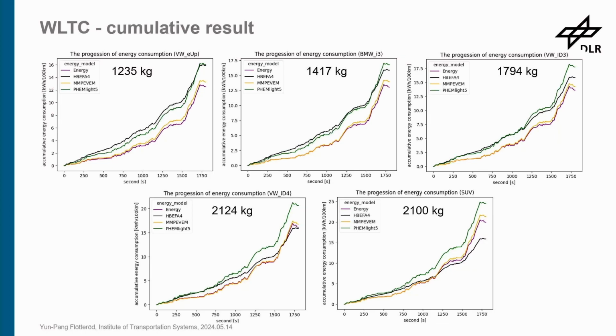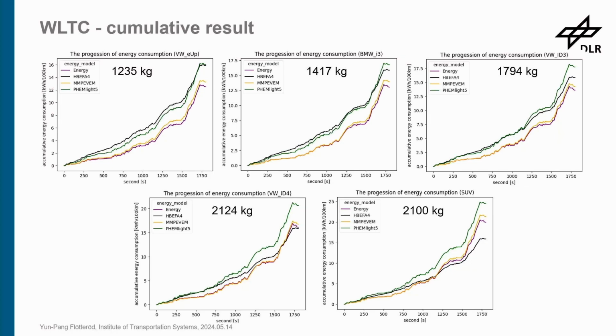These are the first 2 pictures you can see. And when the vehicle is getting heavier, the difference between these 2 model estimates is getting larger as well, especially in the high speed phase here and here.